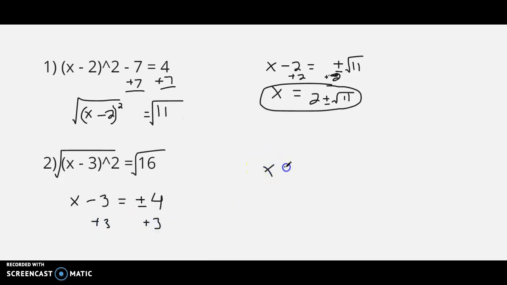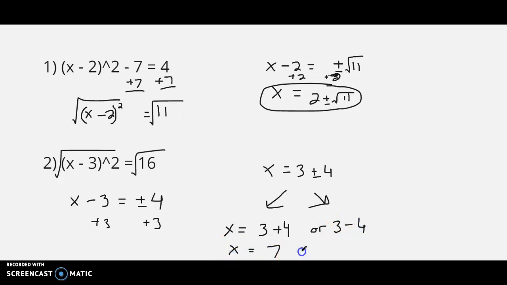So here's our 2 answers. 3 plus or minus 4. We can break that down into the 2 possibilities. X equals 3 plus 4 or 3 minus 4. Finally, we can say x equals 7 or x equals negative 1. 2 answers there.